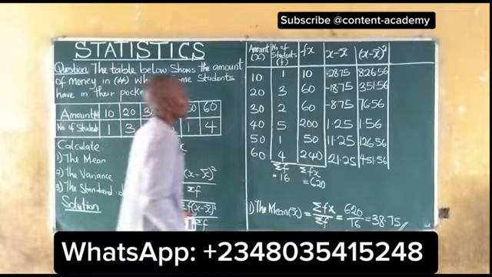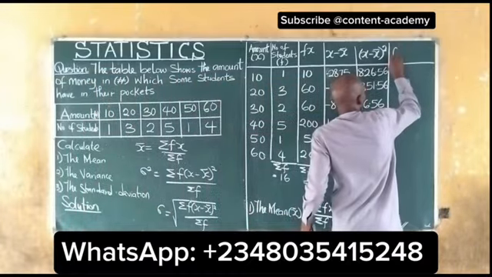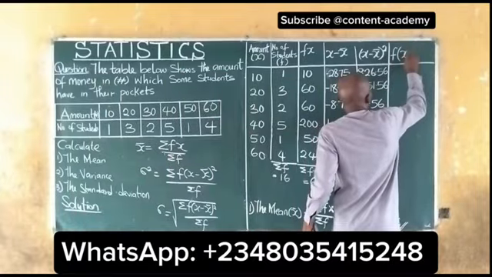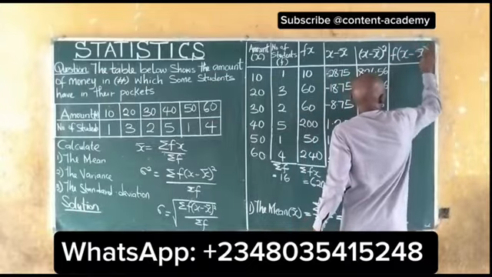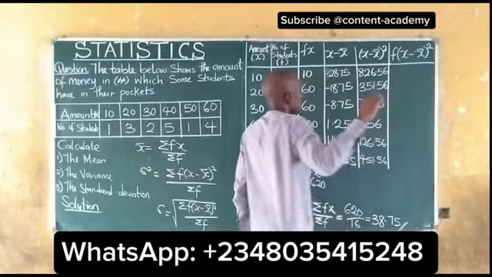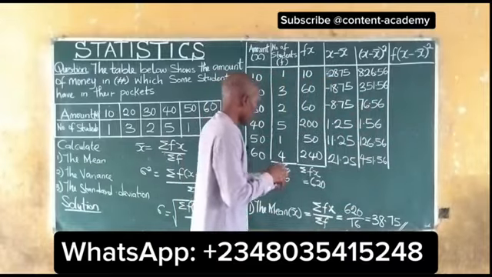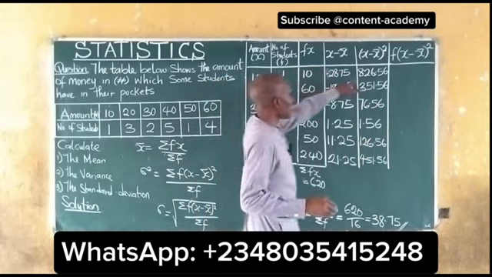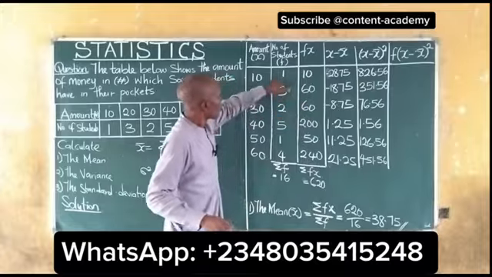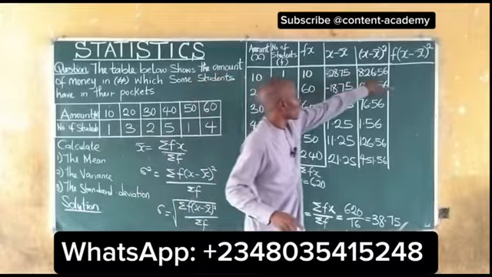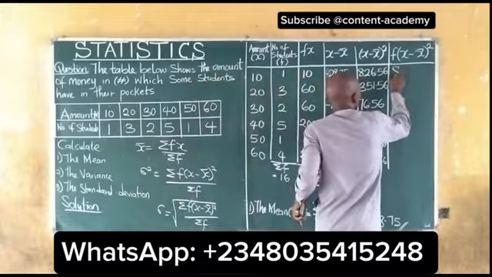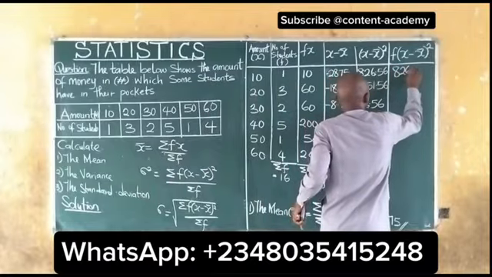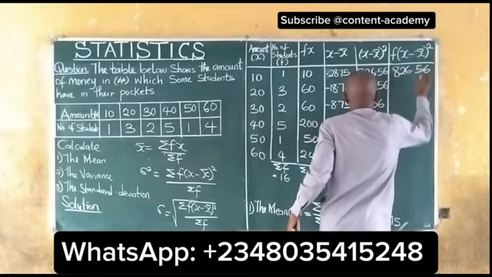Now, because of summation of f times x minus x bar squared, we will now have f of x minus x bar squared. So this is another column we'll have. It then means that we multiply our f value by this. Of course, 1 multiplied by this gives the same thing, 826.56.